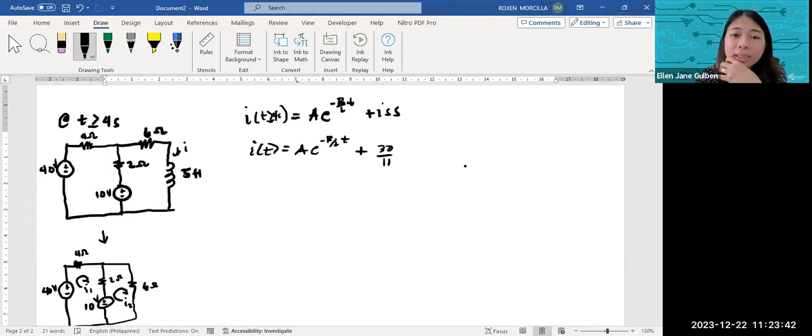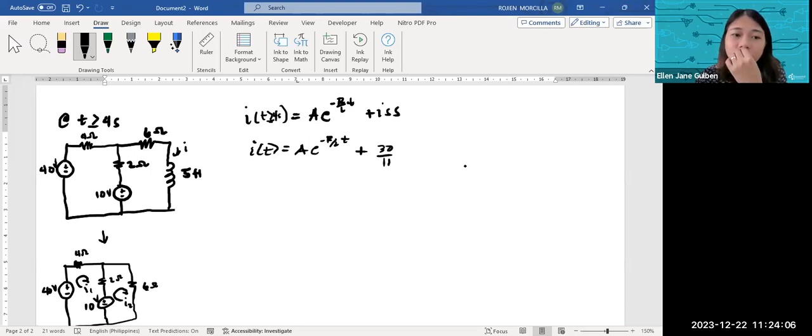Now, for our initial condition, we cannot use 0 because this time frame is no longer 0, no? This circuit configuration and this equation does not belong to 0. It only belongs to greater than 4 seconds.